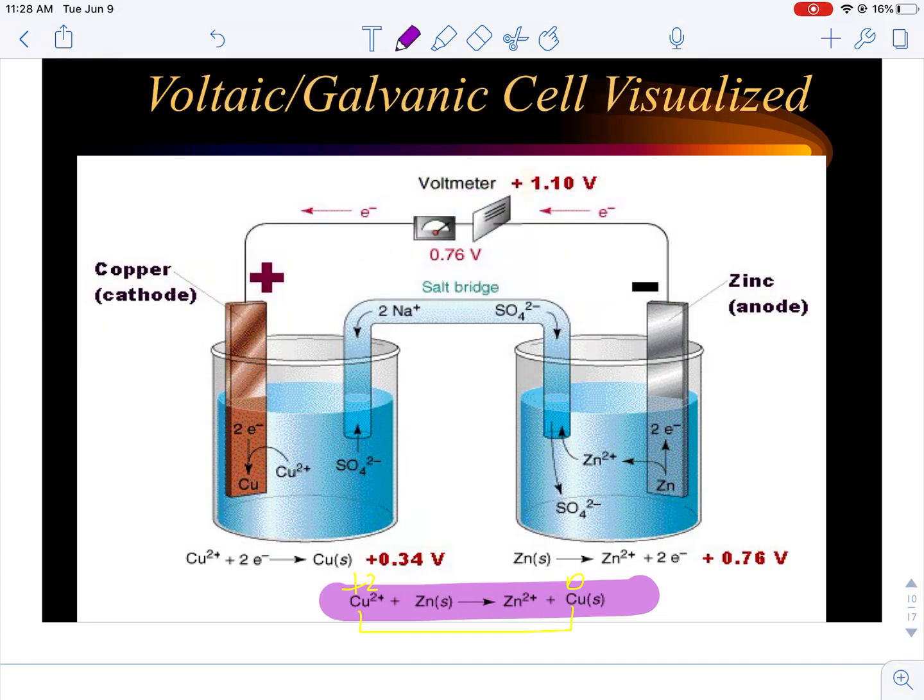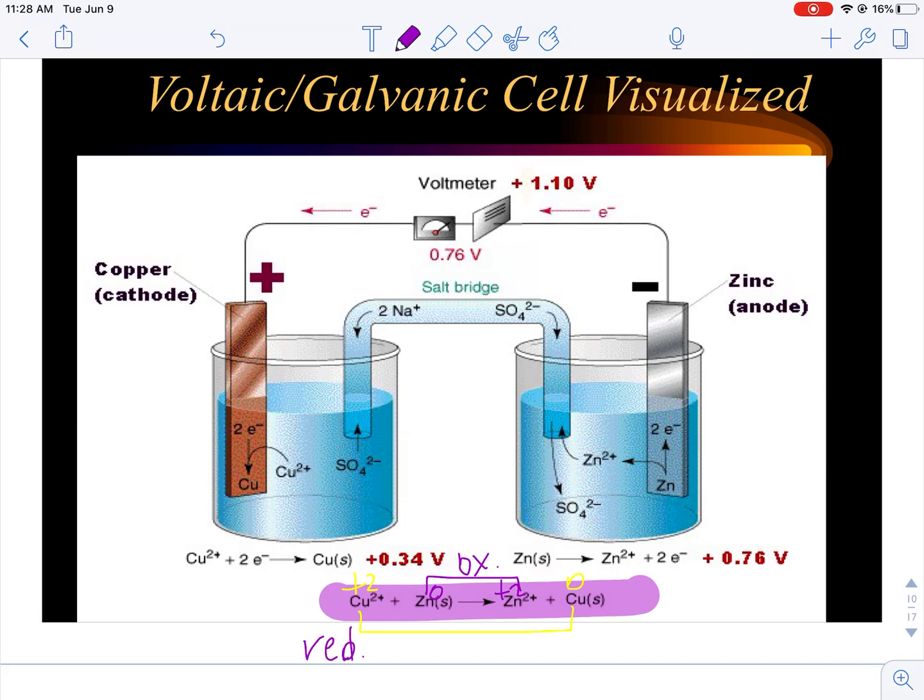This number is becoming more negative, so my copper is reduced. Zinc's oxidation number starts out at 0, changing to positive 2. That's becoming more positive, so it's oxidized.